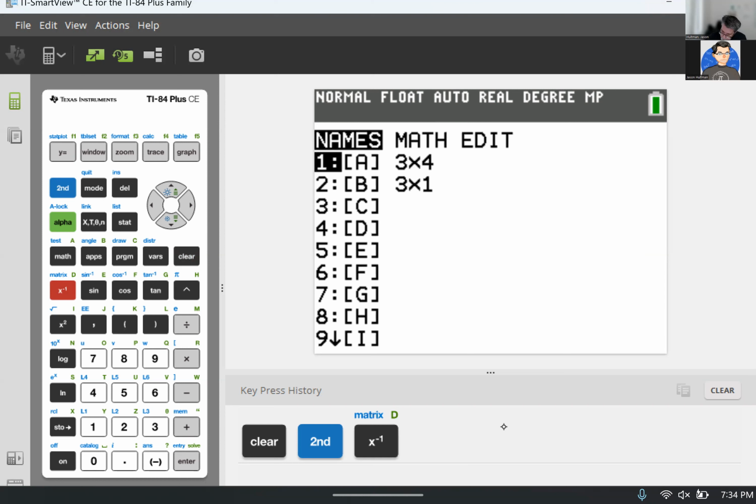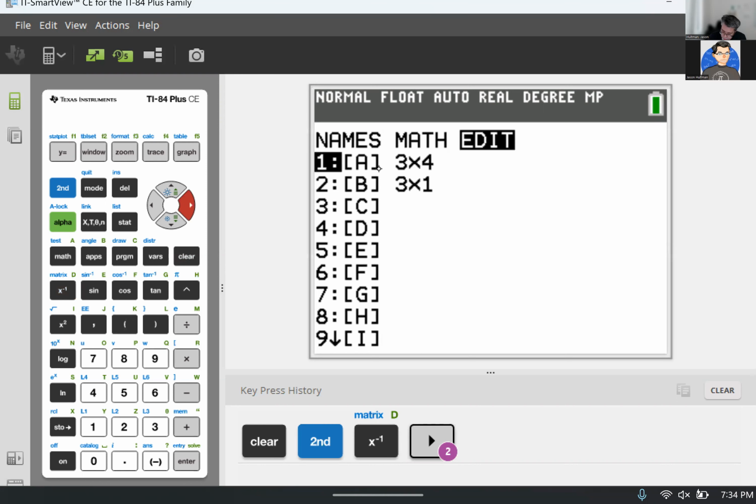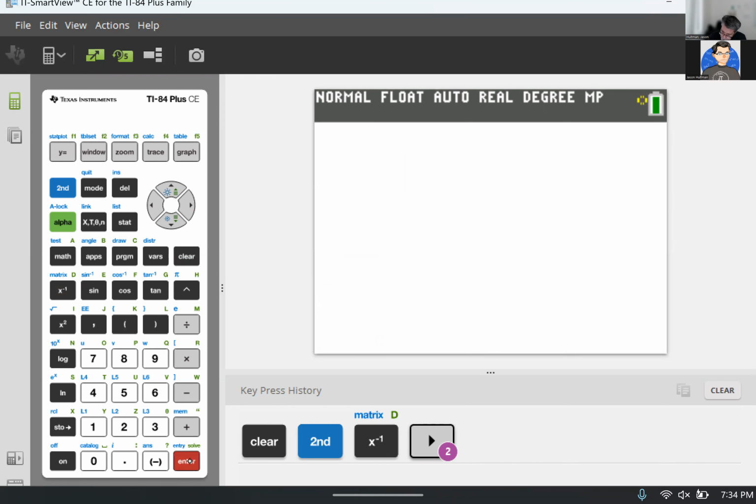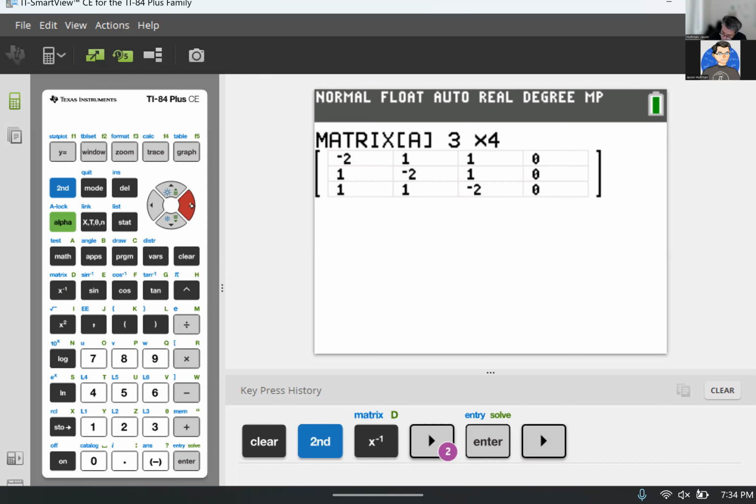I want to go over to edit, and it says edit matrix A. I hit enter, and I want this to be a 3 by 3 matrix. I do not want a 3 by 4. I want a 3 by 3.